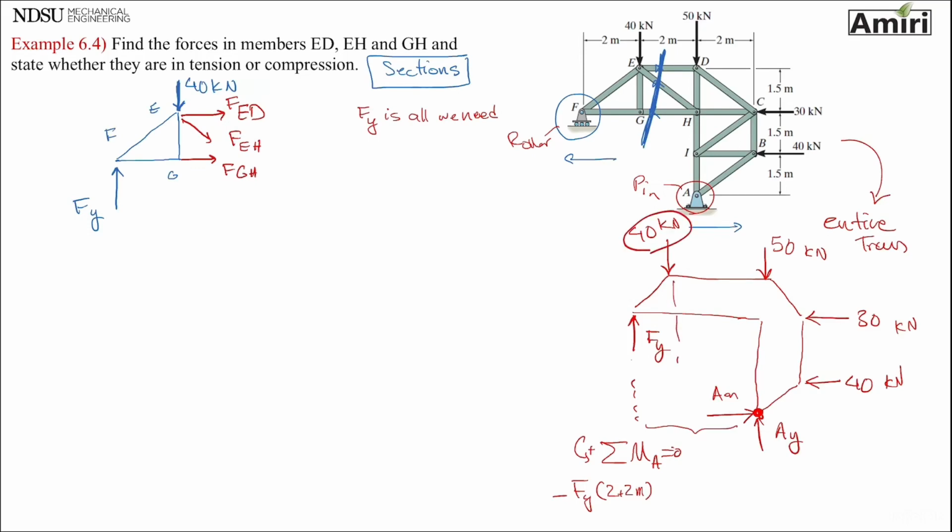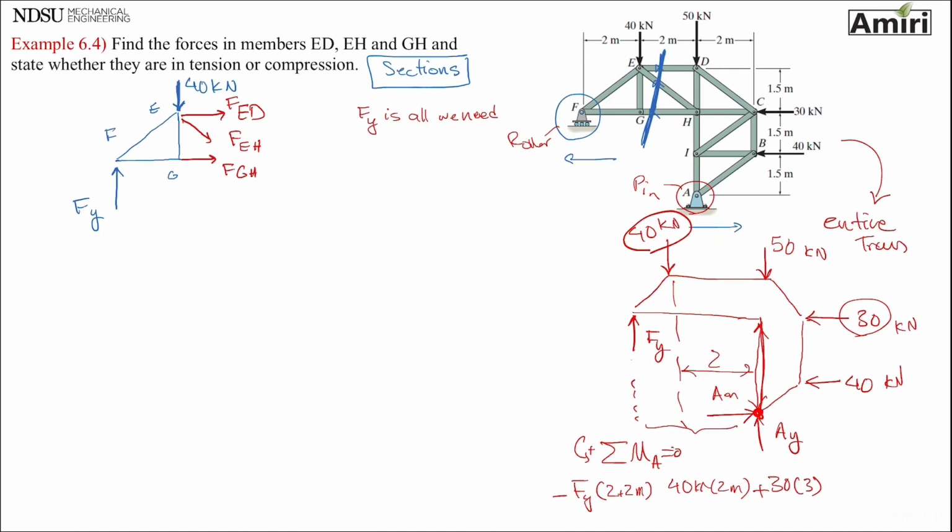The distance for that one is only 2, so it's 40 kilonewton, 2 meters. And then I have a 30. The distance between point A and its line of action is 1.5 plus 1.5, so it's 30 times 3. That's a plus, trying to rotate the whole thing counterclockwise.